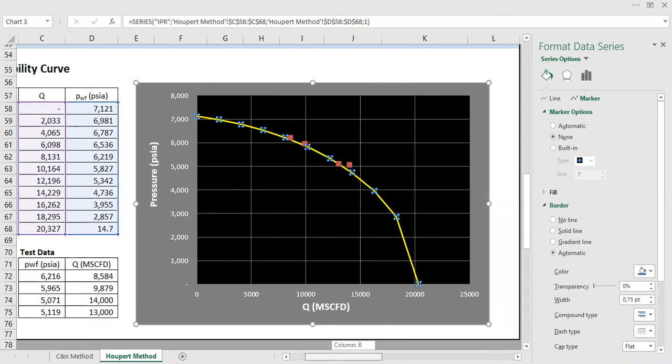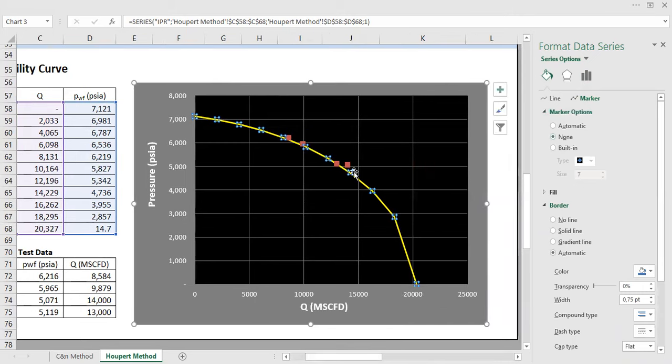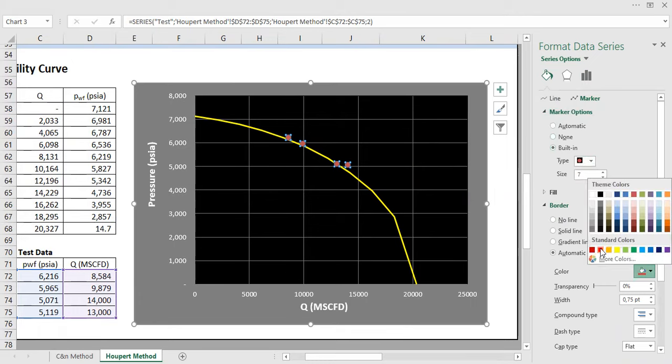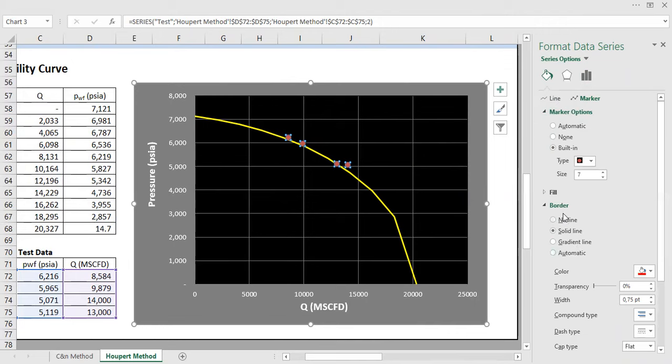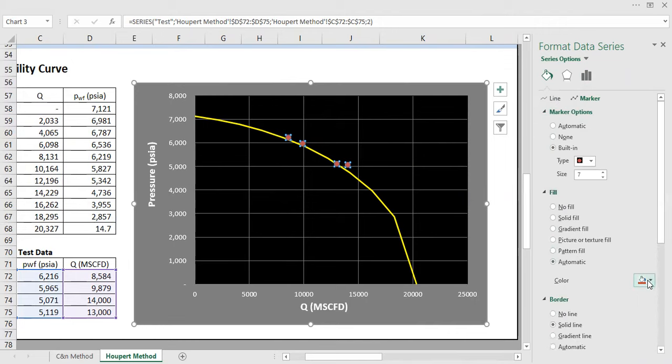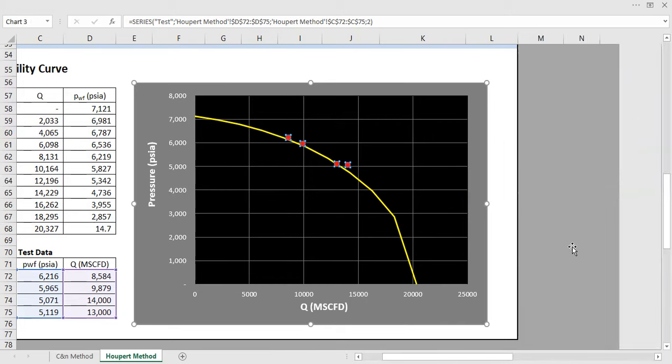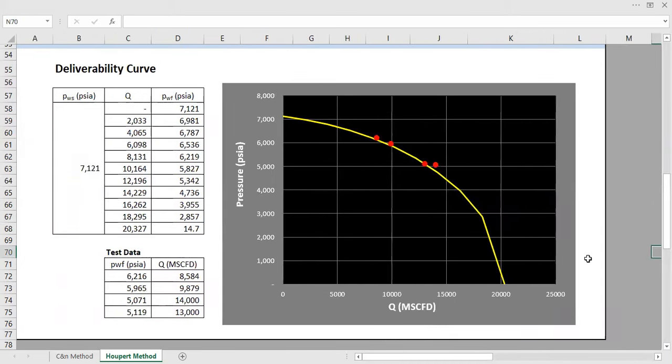So I get a perfect line like this one. And maybe I can color the data points. I want to use circle and then red like this. That's for the border, and for the filling also red. So you get like this.